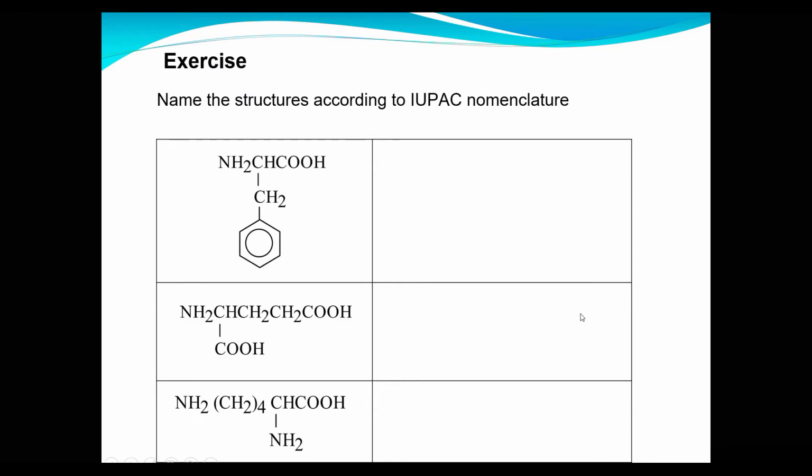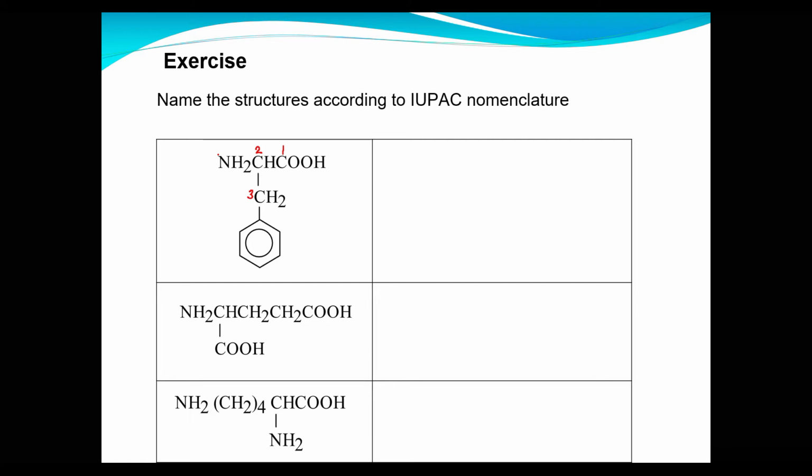Let us look at some examples on naming amino acids. How would we name this structure? The carboxyl group takes carbon number 1, this is carbon number 2, and carbon number 3.